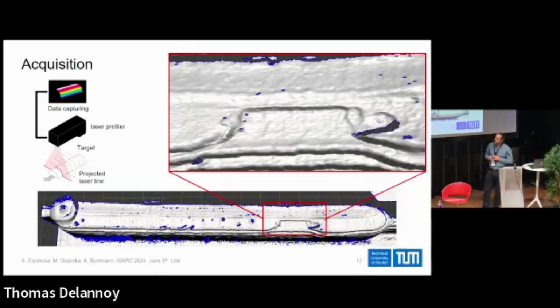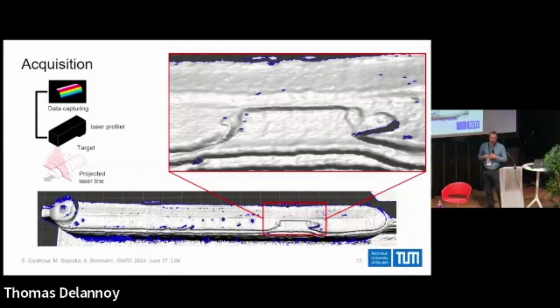On the left side, you see a laser profiler, and it's emitting a laser line, which is captured by a camera. And you can very accurately measure the distance of the scanner. If you collect a lot of laser lines, you can combine them together to a surface model, as is visualized here.